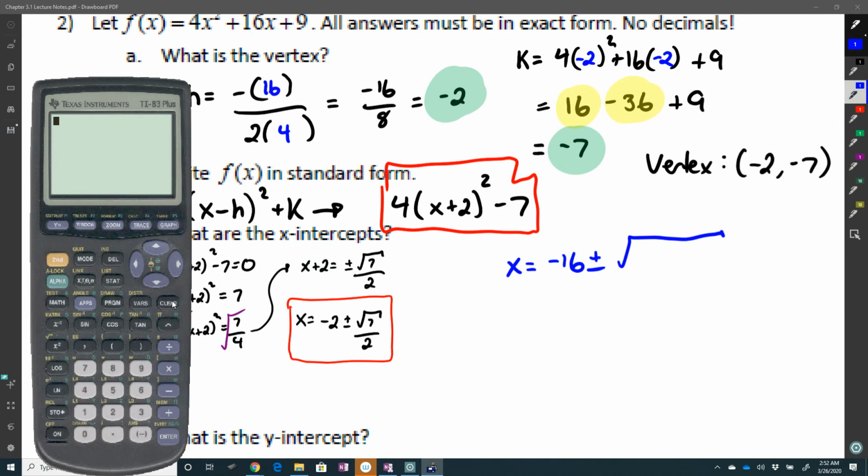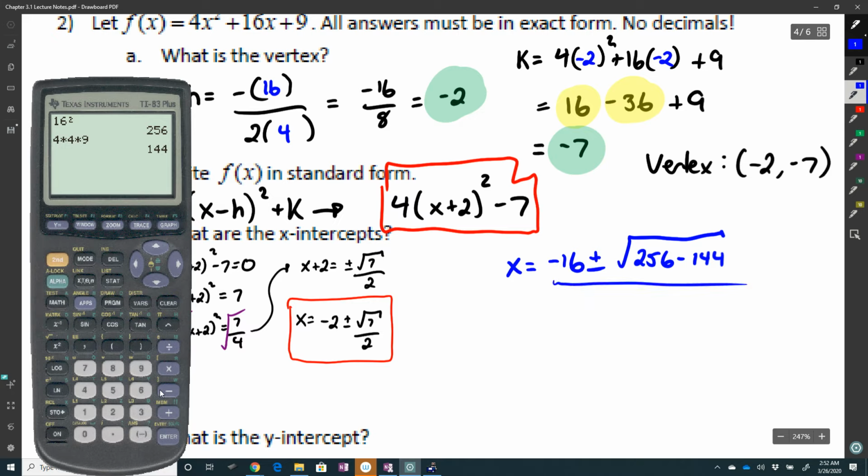So I have 16 squared, 256, minus 4 times a times c, and I can actually do all of that. 4 times a times c is 144.